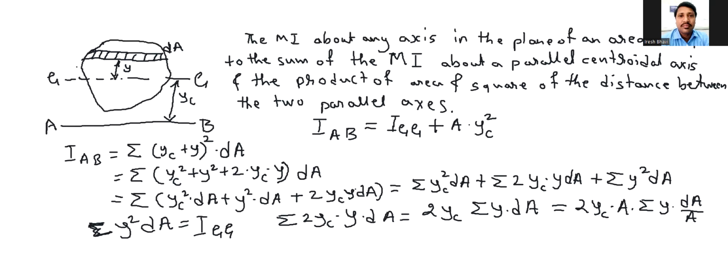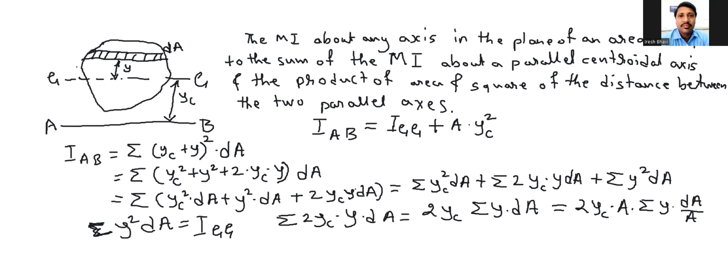Now in this above term, 2 times Yc into A is a constant, and the summation of Y into dA by A is the distance of the centroid from the axis GG. I can write summation of Y into dA as Y into summation of dA by A. Summation of dA is nothing but the complete area, that is A. So A by A cancels, and only Y remains.